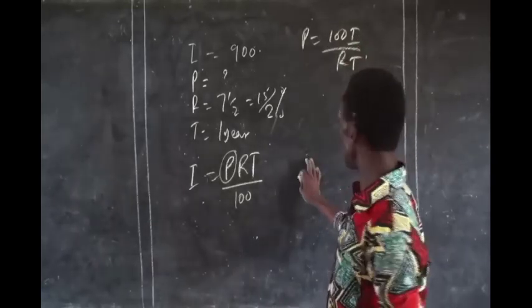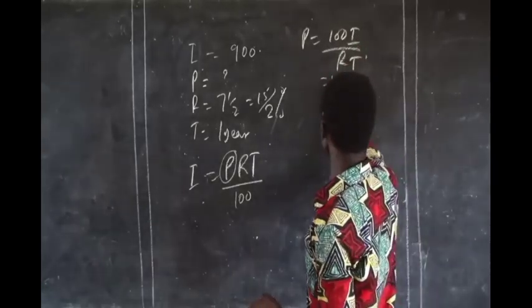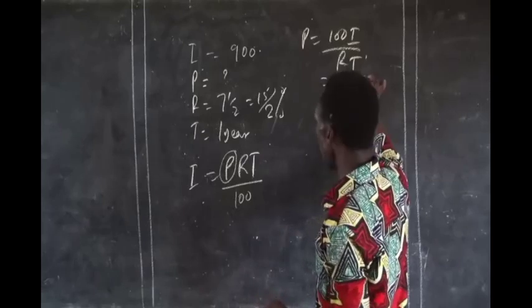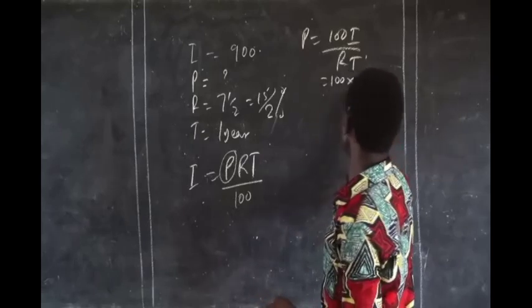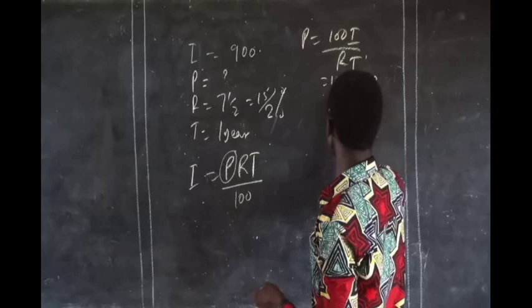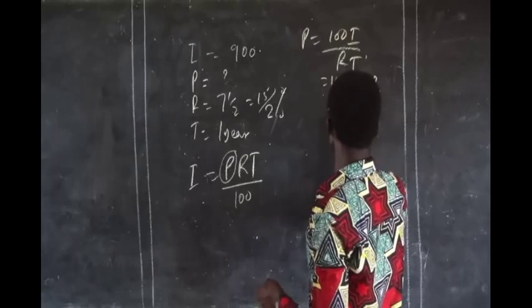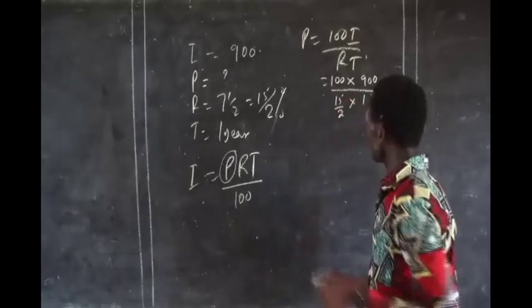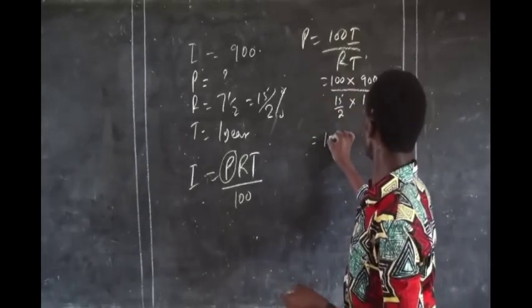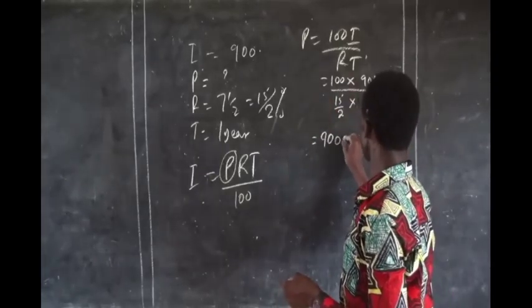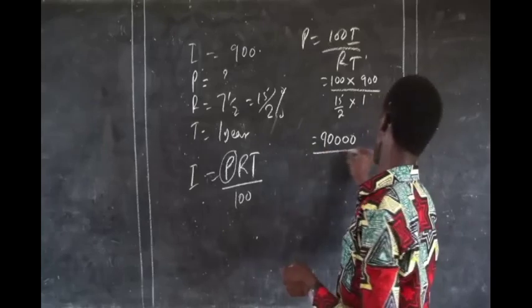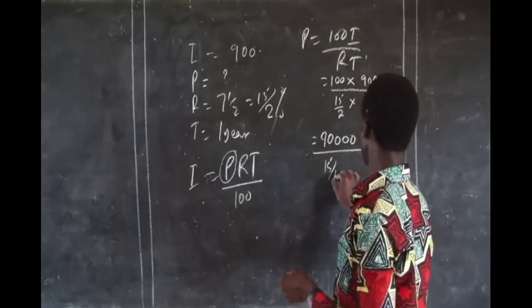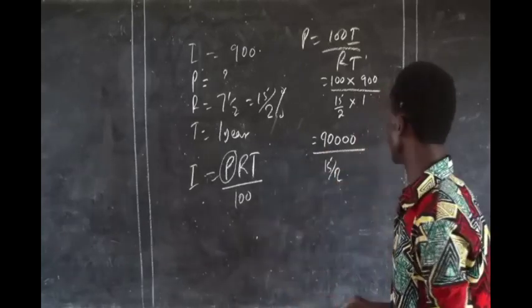So that is to say, when taking that one, you just have 100, then times I, which is equal to 900, over rate, which is equal to 15 over 2, then times time, which is equal to 1. You will find it is equal to 90,000 over 100, over 15 over 2.